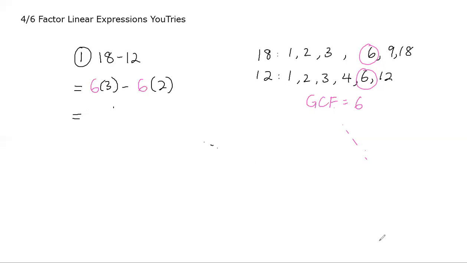And if you can see, it's kind of like the opposite of distributing. I'm going to take them all out, and then I'm going to keep the ones that were not the same in the same place. So we got that 3 minus 2 there. That's our final answer.